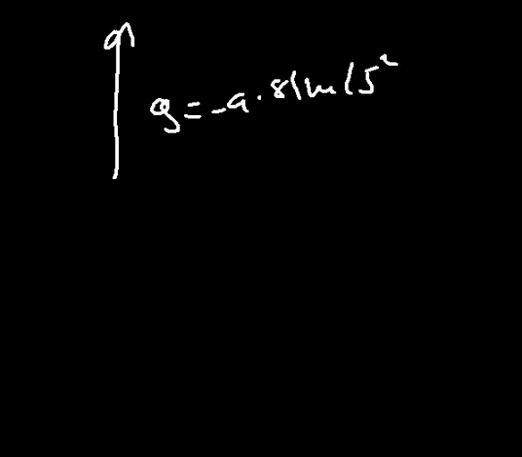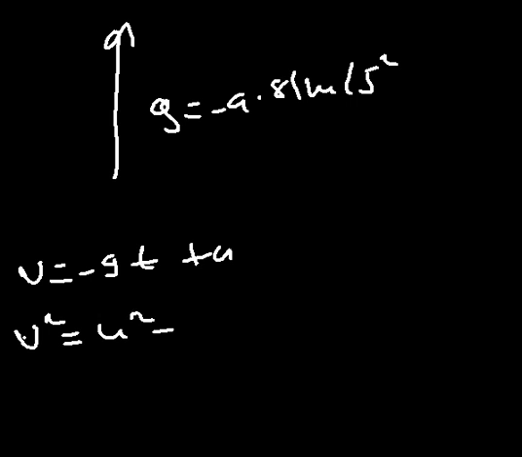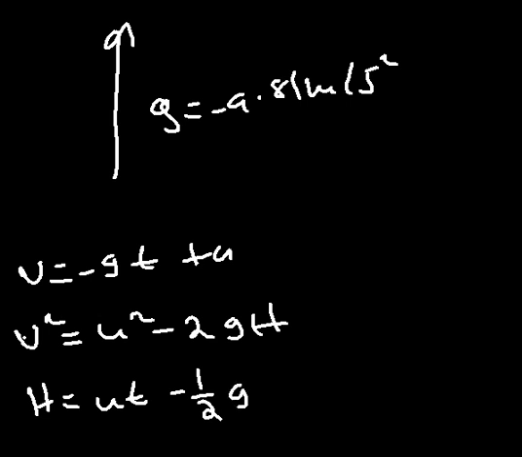So in that case, we'll have v is equal to negative gt plus u, and v squared is equal to u squared minus 2gh, where this is the displacement, now it is height, and height is equal to ut minus half g t squared. So these will be the equations to use whenever the object is moving upwards, where the acceleration will be negative.